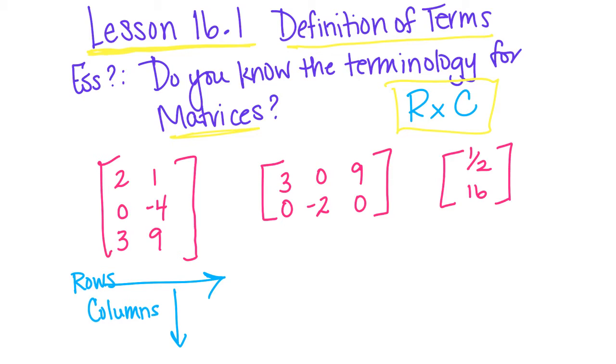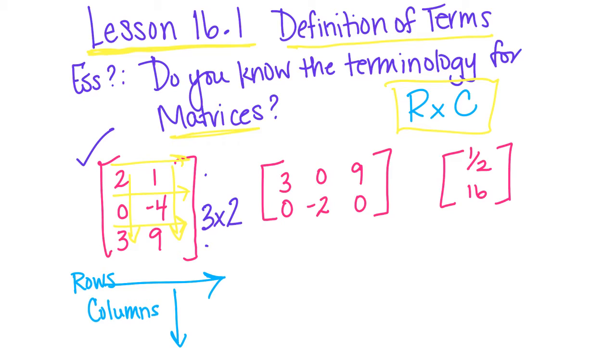So if I was to explain this first matrix that you see right here, it has 1, 2, 3 rows, because those are what's going across. 1, 2, 3 rows, and 2 columns. So this one right here would be a 3 by 2 matrix.